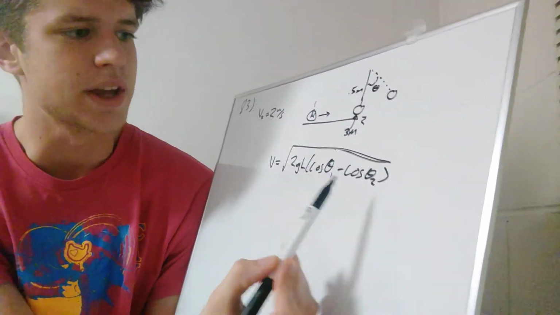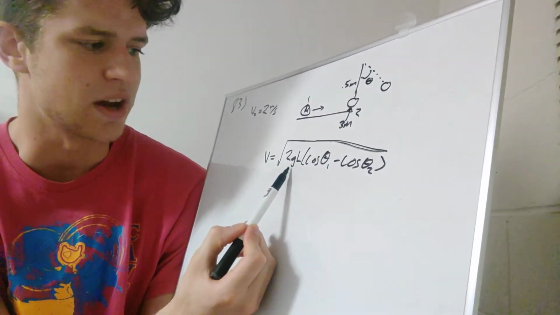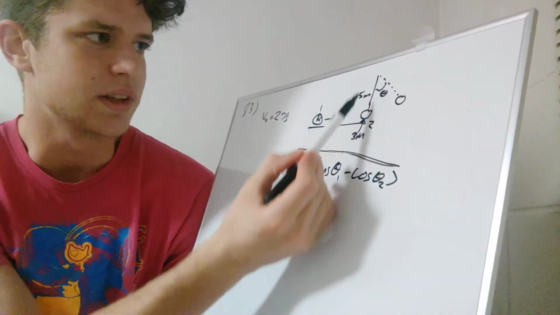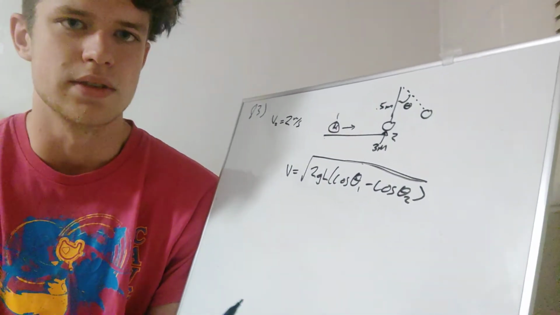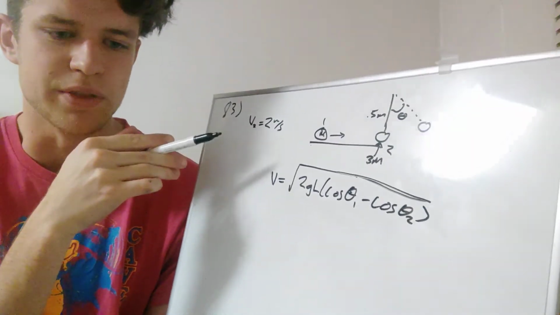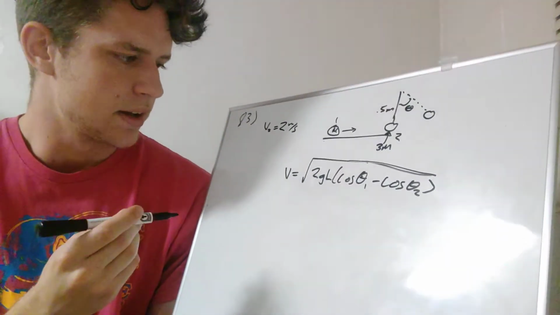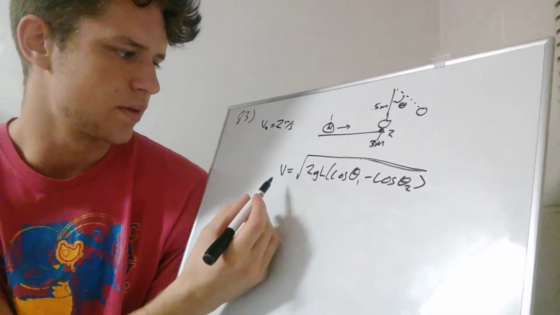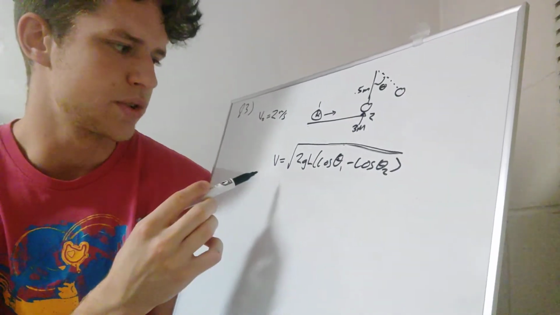So this is the starting angle, this is the final angle, this is just gravity, the length of the string that it's attached to, and then the 2 is a 2. And that gives you the velocity that it gets from moving from one angle to the next. So we have the velocity that it starts with.